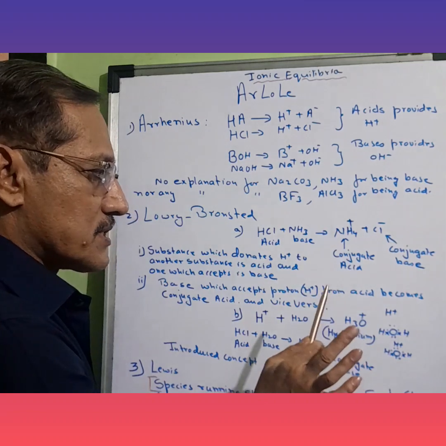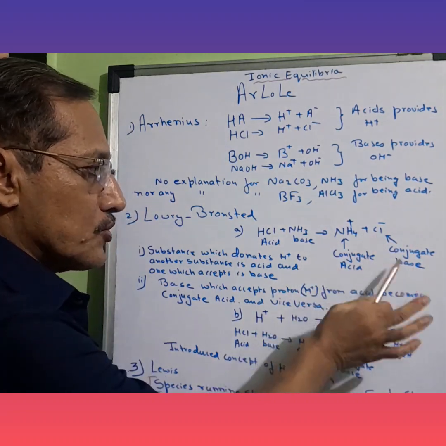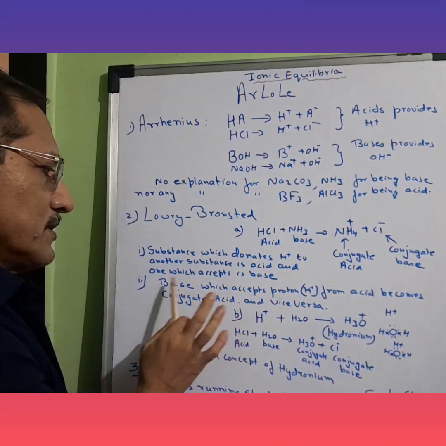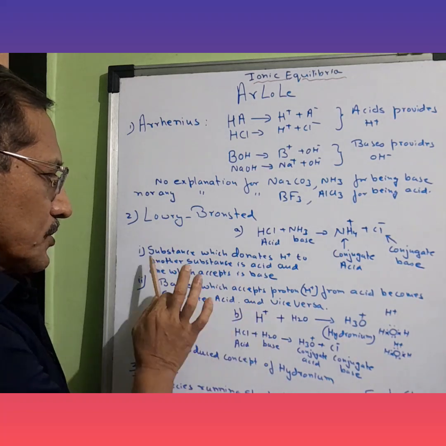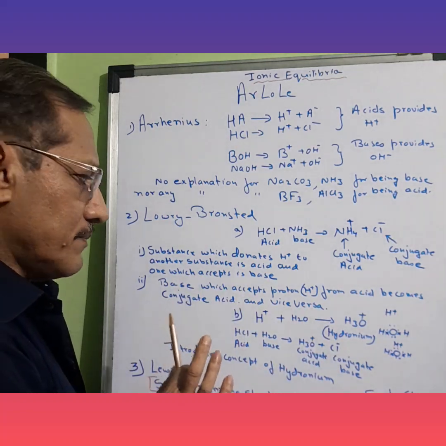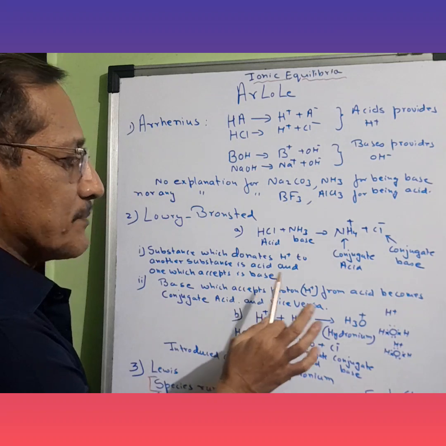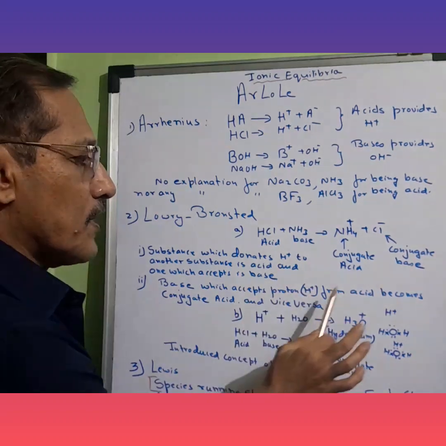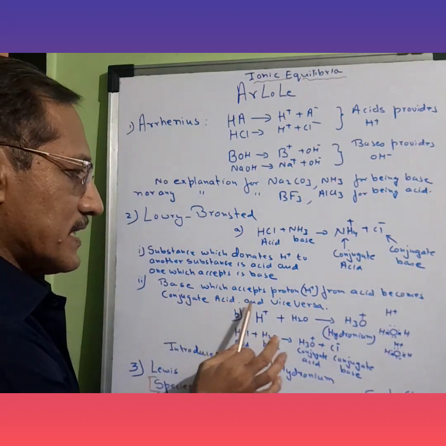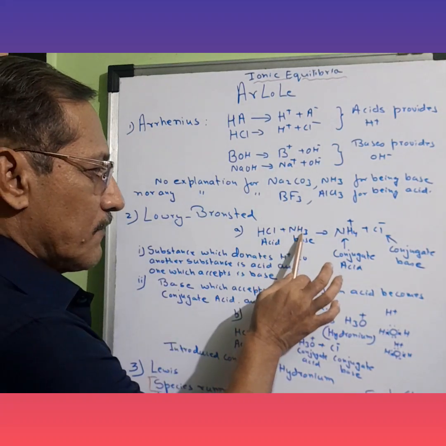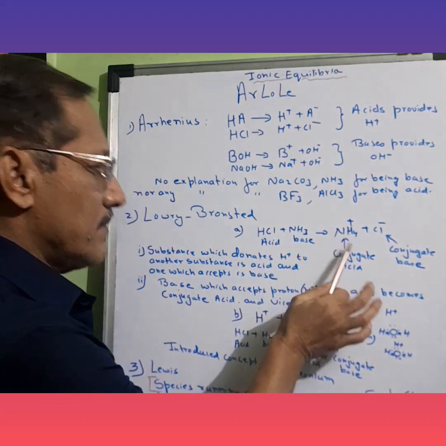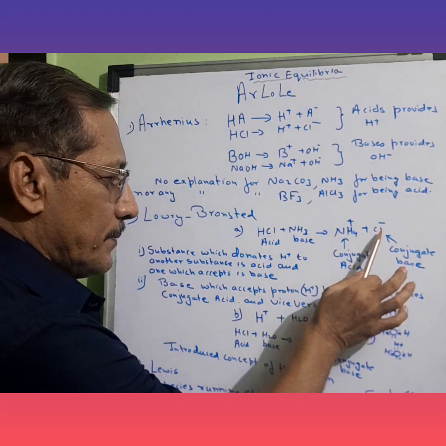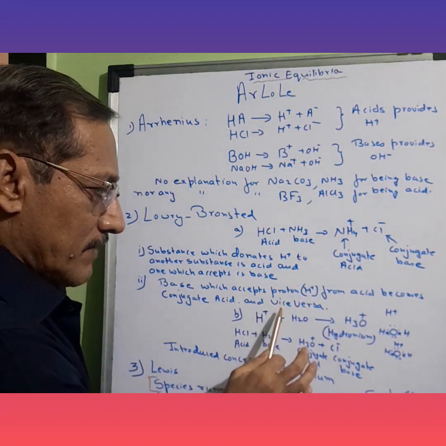So he introduced the terms conjugate acid and conjugate base. A base which accepts a proton, H+, from an acid becomes a conjugate acid, and vice versa. So a base becomes a conjugate acid, and an acid becomes a conjugate base. That's what I meant by vice versa.